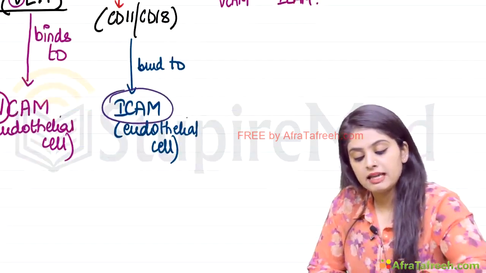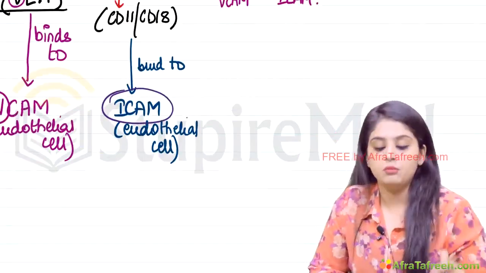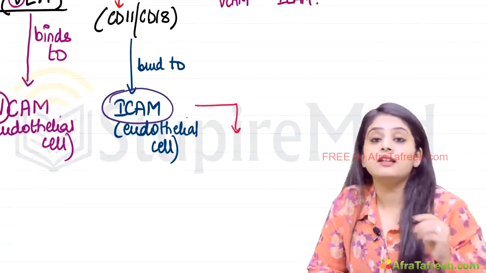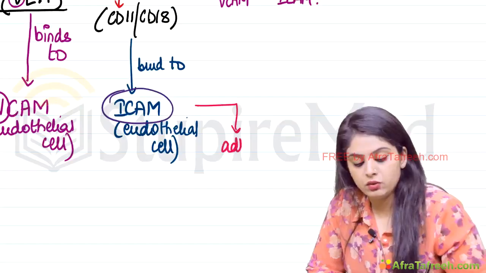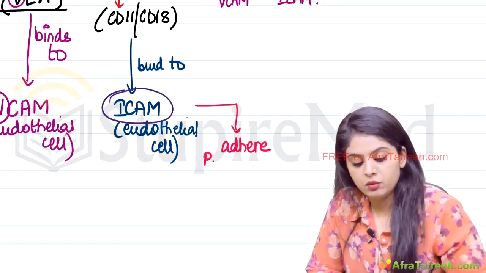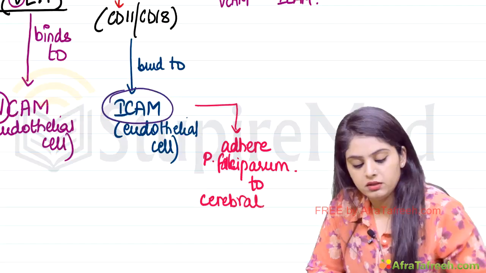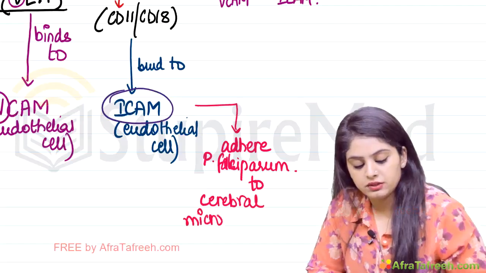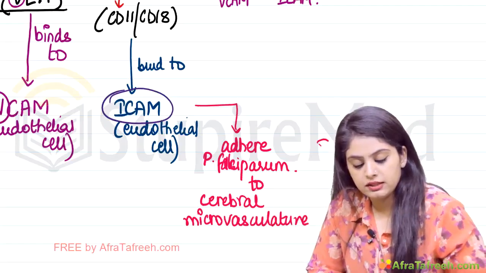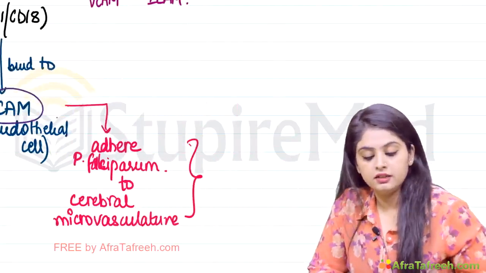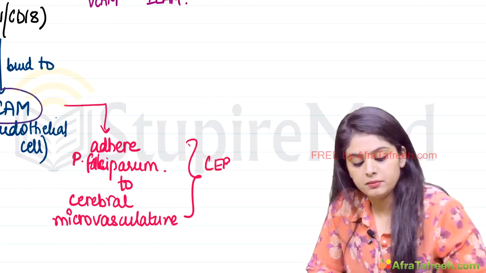So remember, ICAM1. ICAM is that cell adhesion molecule that is going to adhere Plasmodium falciparum to the cerebral microvasculature, thereby resulting in cerebral malaria.